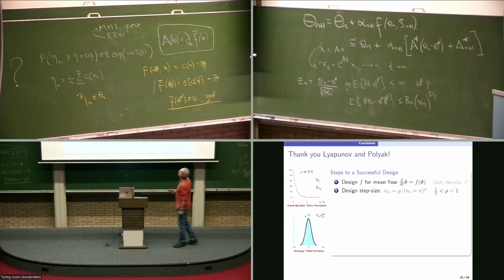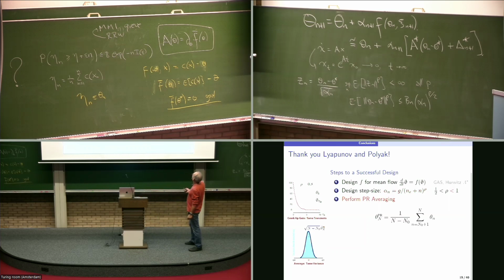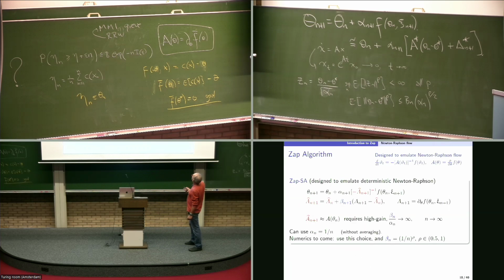I should say, when it comes to ZAP, what's really fun is there are ways to control this. My theta is d-dimensional. You can stack up and create a 3d, d plus d plus d dimensional dynamical system that ends up being universally stabilizing and approximates this dynamics without any matrix inverse at all.